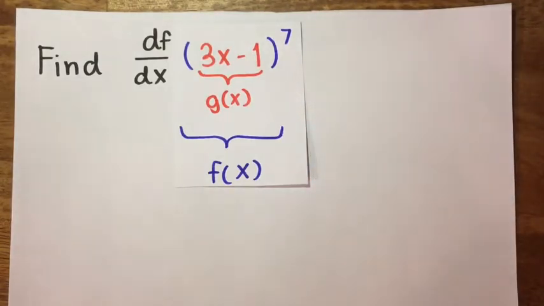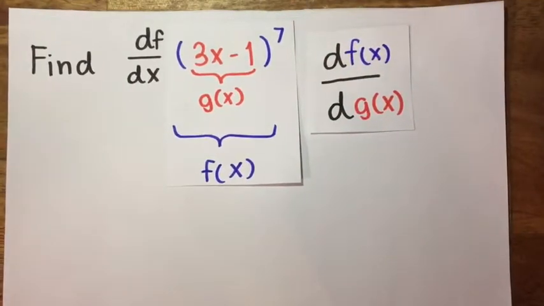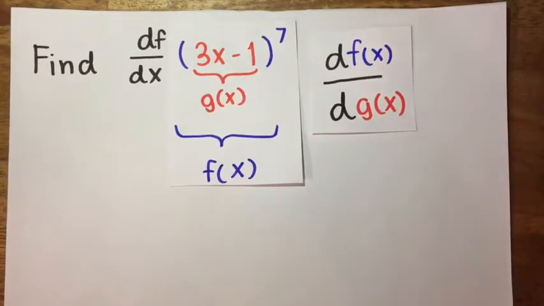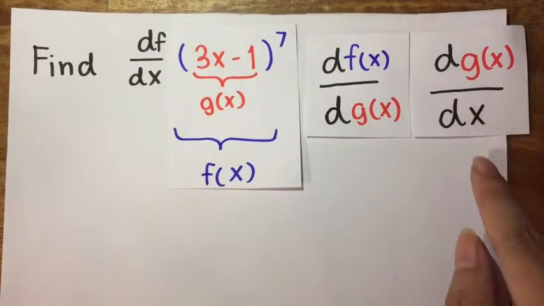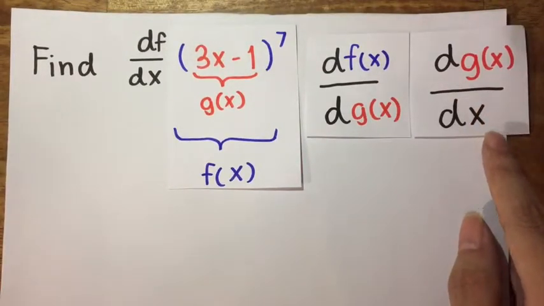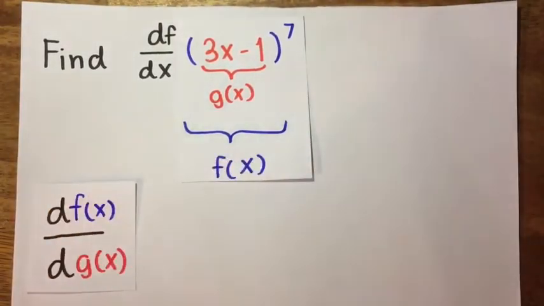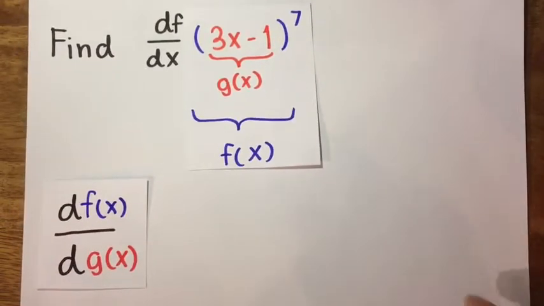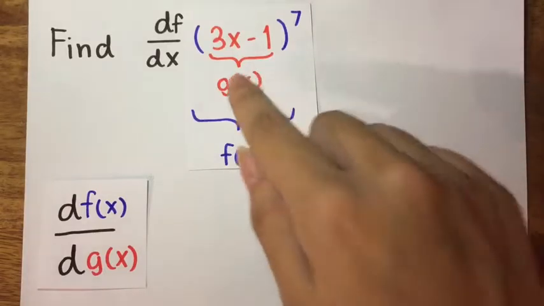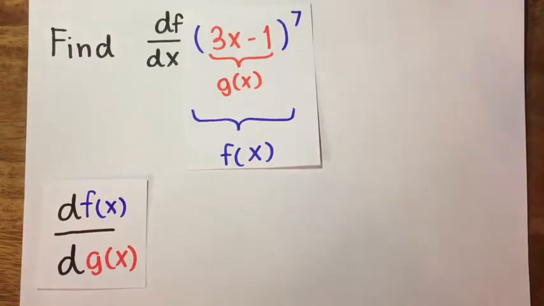So according to the chain rule, you have to find the derivative of f of x with respect to g of x times with the derivative of g of x with respect to x. We are going to do that one by one, beginning with deriving f of x with respect to g of x. So, in this case, f of x is the whole of this to the power of 7. We are going to apply the power rule.